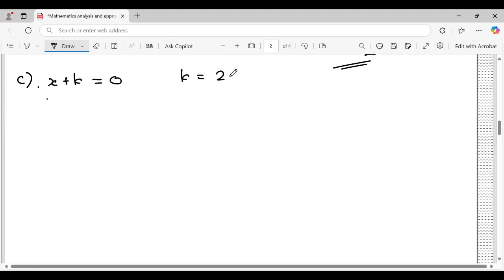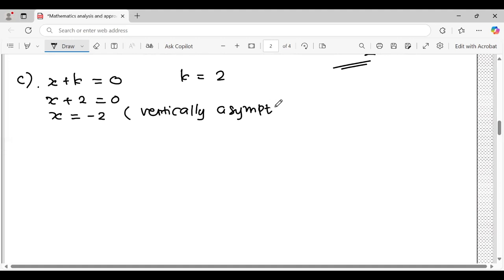So substitute 2 into this equation and it is x plus 2 equals 0. So x equals minus 2. So this is the vertical asymptote. Next question, D.